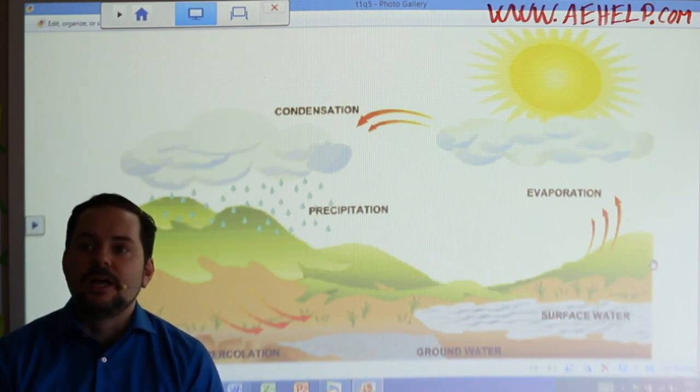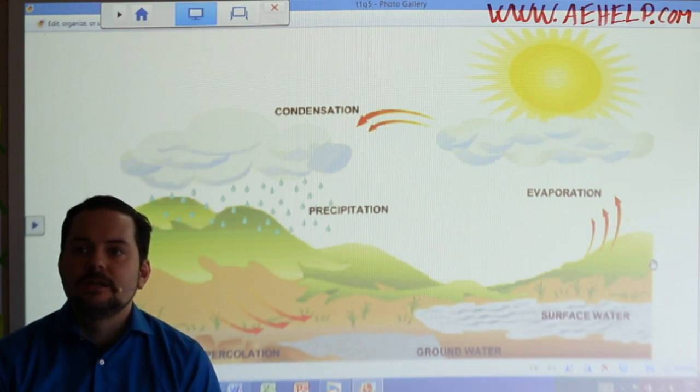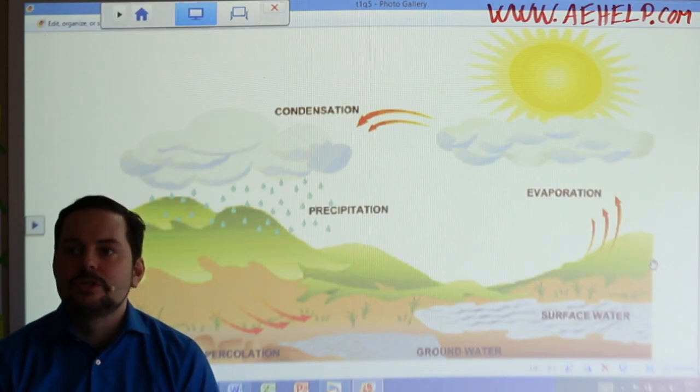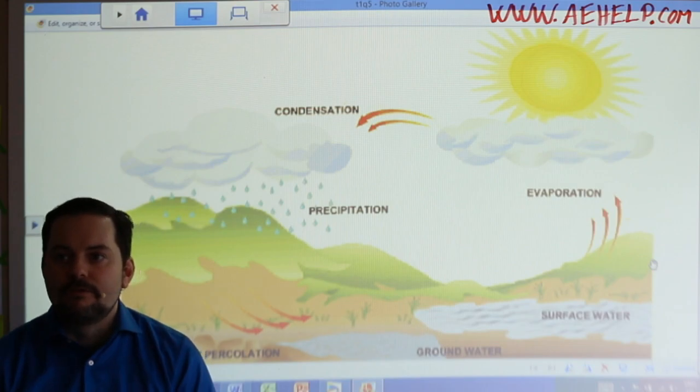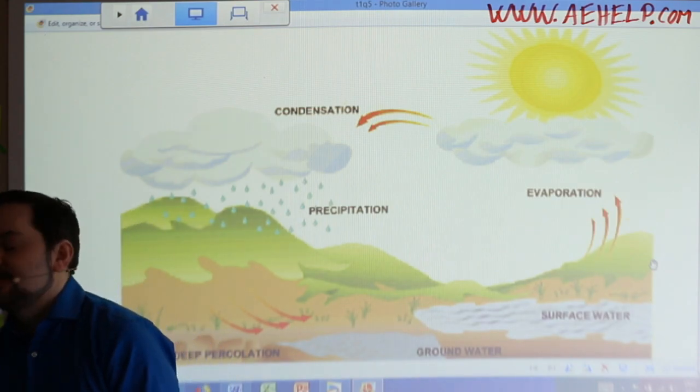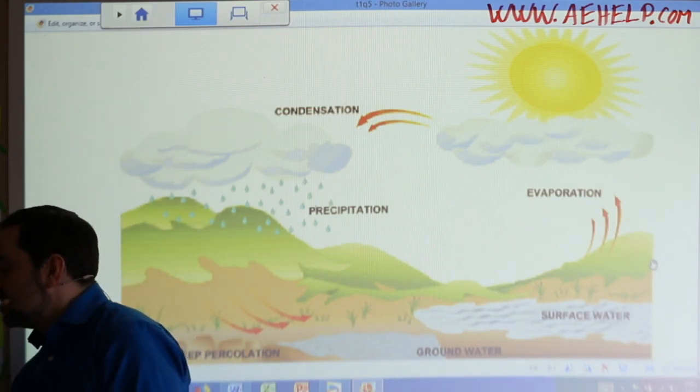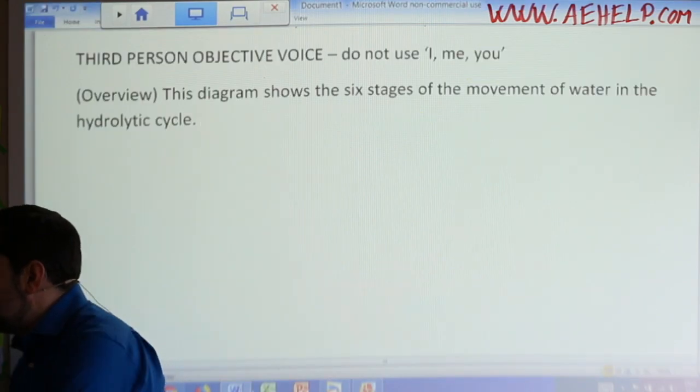Okay, so you see the sun, right? What else do you see? You see the sun, you see greenery, right? You see mountains, you see clouds, and so forth, right? So let's just mention one sentence about that.